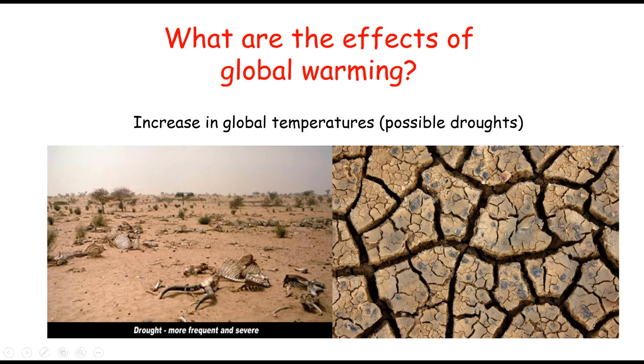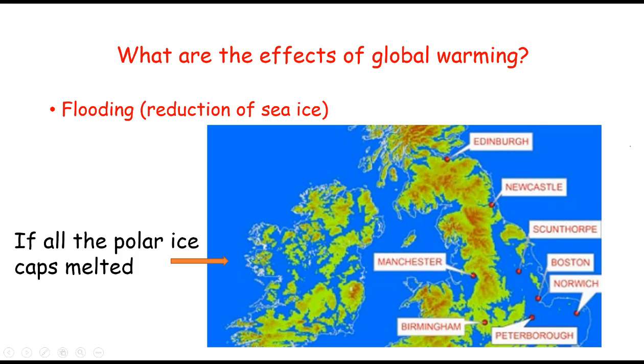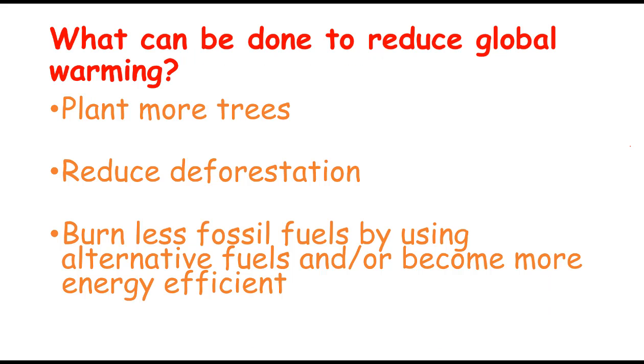So the effects of global warming, just to reiterate, we get more droughts or an increase in global temperatures. You get more flooding caused by polar ice caps melting.